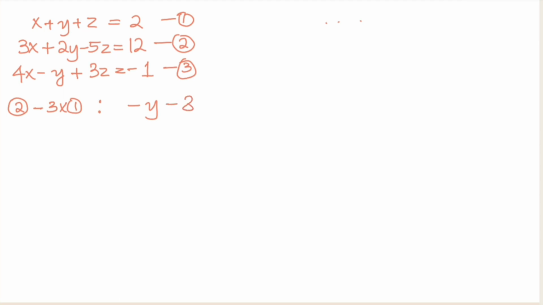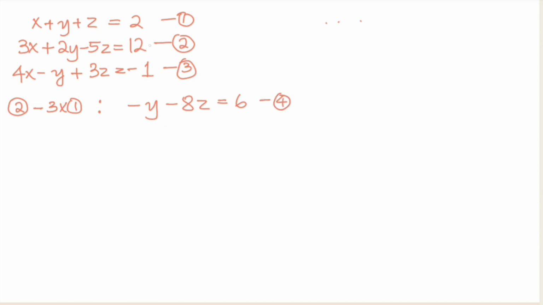So that's minus 8z, and that's going to be equal to 12 minus 3 times 2, which is 6. 12 minus 6, that's 6. So this is our new equation after we eliminate x from equation 2. Now we can call this equation 4.